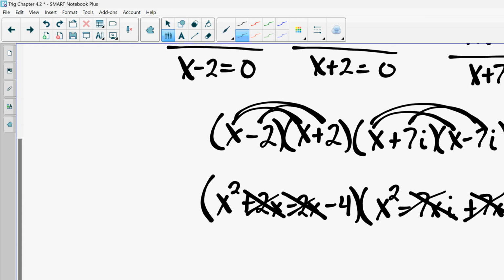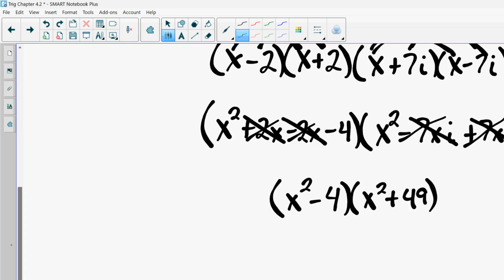Our i squared is going to turn that from -49 to positive 49. Telling us that this, when simplified, gives us x squared minus 4 times x squared plus 49.